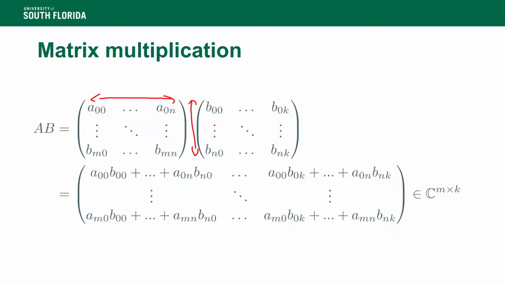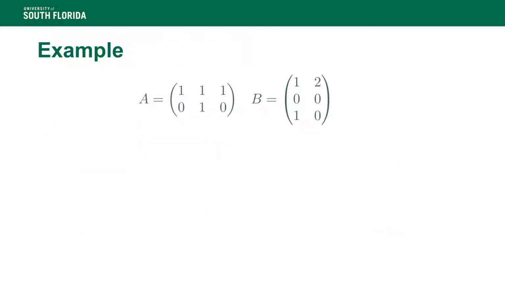Every entry of the matrix multiplication is the dot product of the ith row of the matrix A with the jth column of the matrix B, hence the constraint that those two elements need to have the same size. Otherwise, that dot product simply isn't defined. Like matrix addition, matrix multiplication is considered a prerequisite in this course.